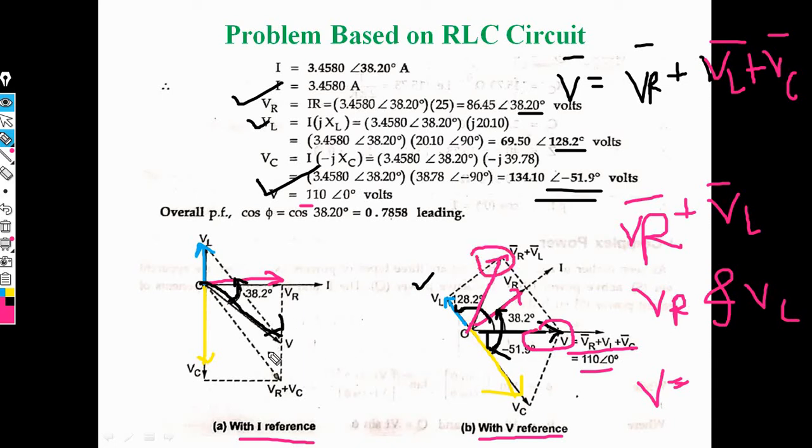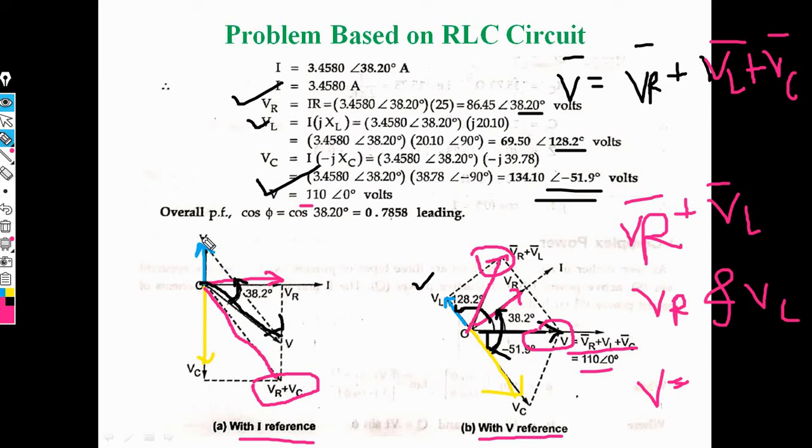Now in the reference current phasor, the phasor taken between VR and VC is VR plus VC, that is the addition of VR plus VC with respect to voltage.